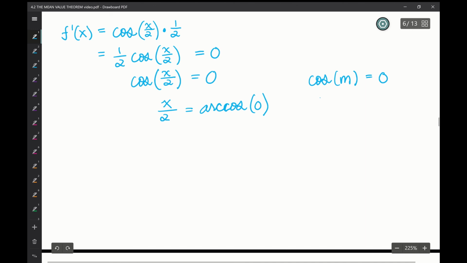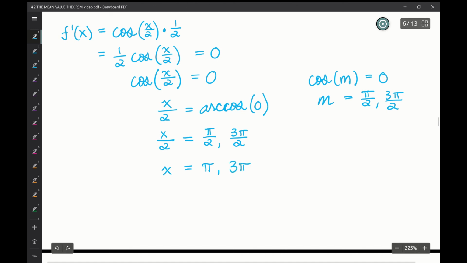The cosine of m is equal to 0 when m is equal to pi over 2 or 3 pi over 2. So that means that I have x over 2 is equal to pi over 2 or 3 pi over 2. So x is equal to pi over 2 times 2, which is just pi, or 3 pi over 2 times 2, which is 3 pi.